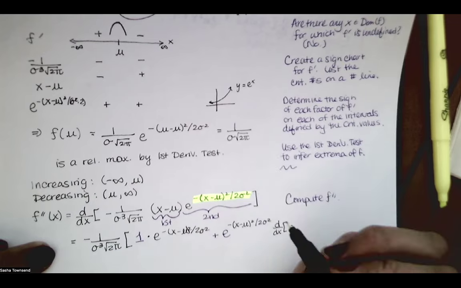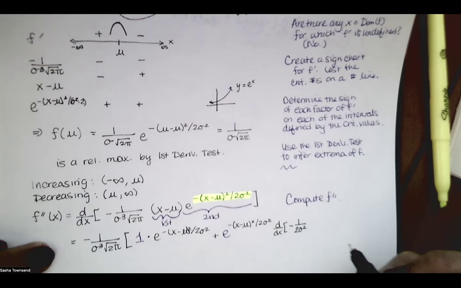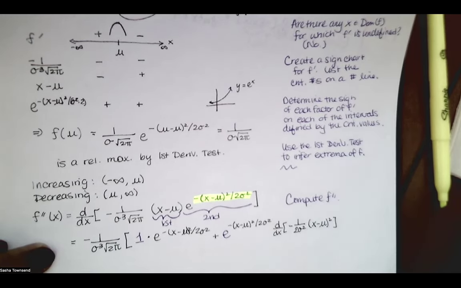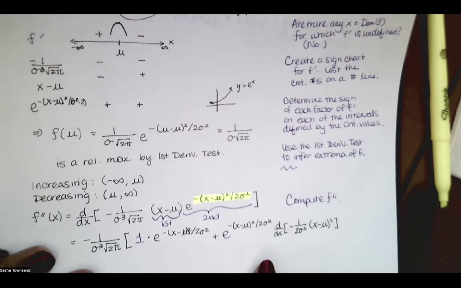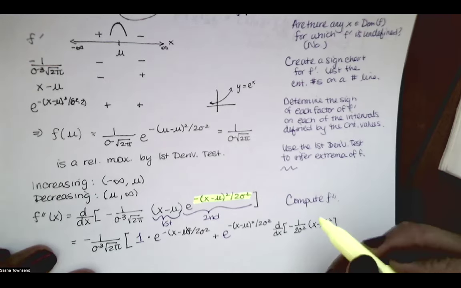And that negative 1 divided by 2 sigma squared is a constant. So I'm going to factor that out. And say, okay, well, the derivative of e to this power was e to that power times the derivative of the inside. And then you say, how do I take the derivative of the inside? I use the chain rule again.